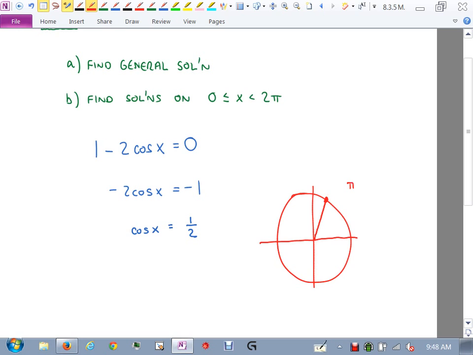That's at pi over 3, right? But it's also 1/2 where? 5 pi over 3. See, there's two actual places it could happen.